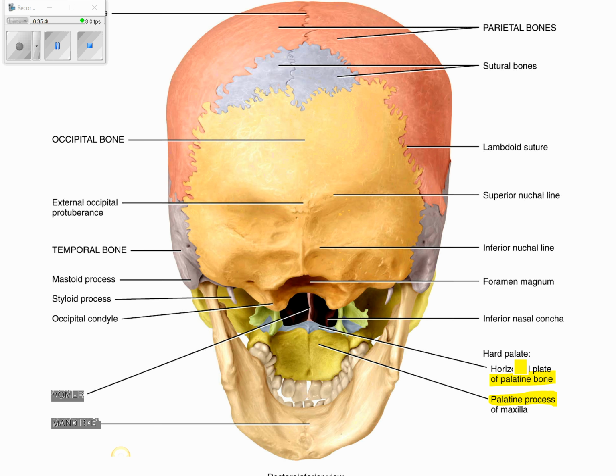Palatine bone, your vomer from this angle, the mandible, the occipital condyles, mastoid process, styloid process, temporal bone, occipital bone, your parietal bones, lambdoid suture. It shows you right here where they're separating the occipital bone from the parietal bones, and your foramen magnum. And that's all you need to label in this picture.